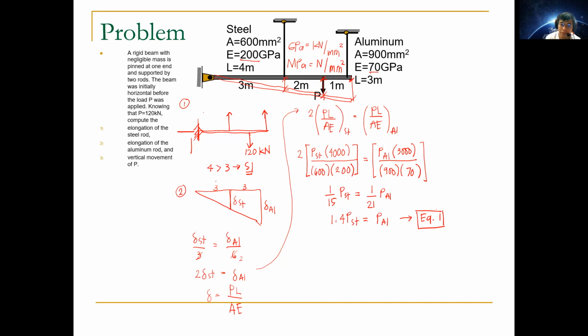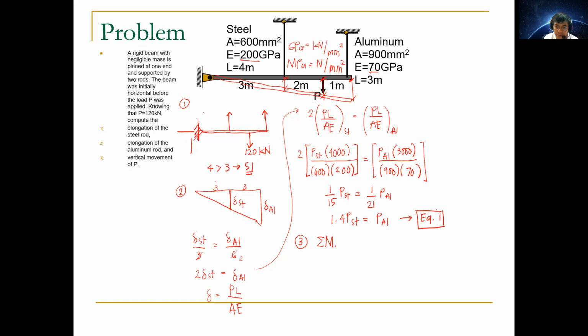Okay, so now since we have our compatibility equation coming from the strain na topic, the next step is for you to be able to use one of the equilibrium equations to be able to solve your forces. So we have here summation of moments, let's say about the joint.